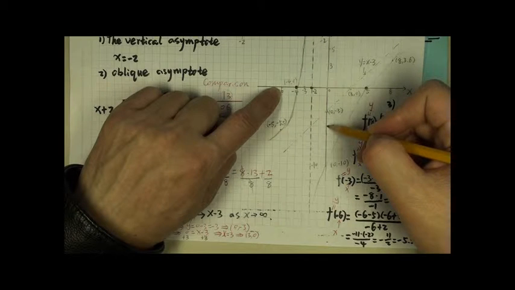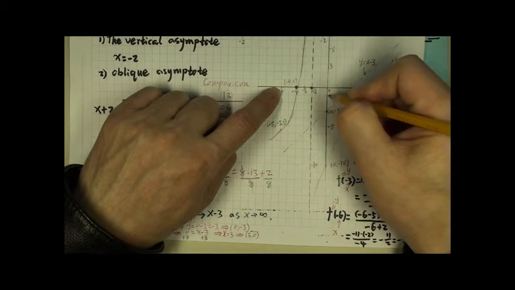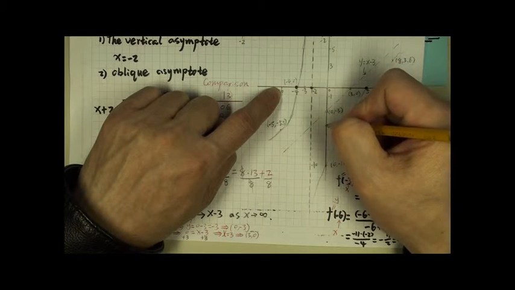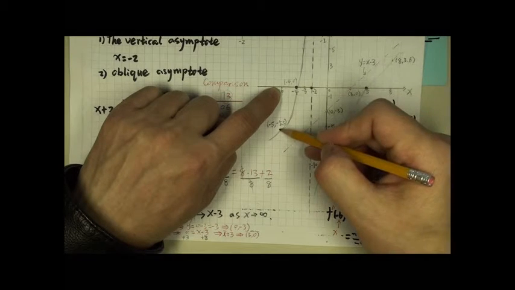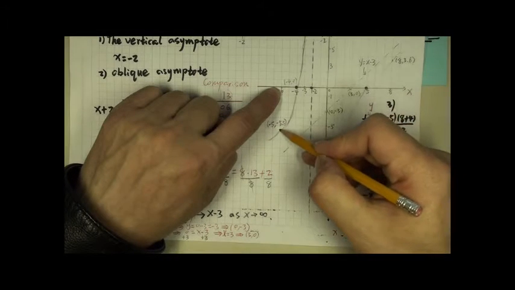Here is negative 5: 1, 2, 3, 4, 5. And negative 5.5 will be down here. So negative 6 for x, negative 5.5 for y, this point.